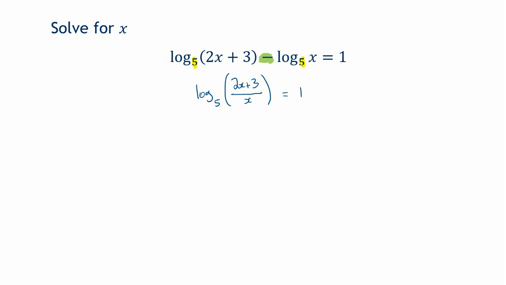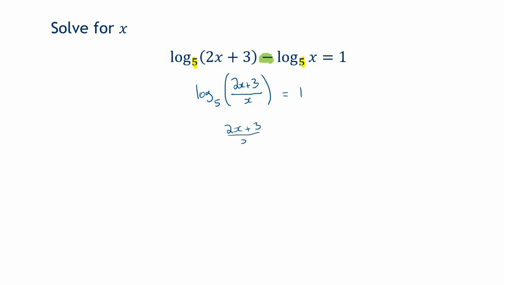Now we might think, what do we have to do next? And what we have to do next is take an anti-log. We have to undo the logs, and we do that using a process called exponentiation. You may have heard of exponentials. Essentially that's what we're doing, an exponential type operation on both sides of this equation. Now what that does is leaves the 2x plus 3 over x on its own.